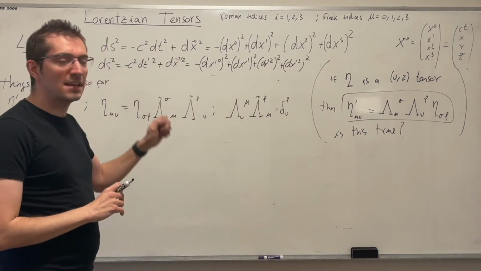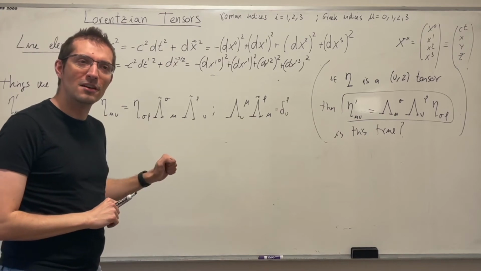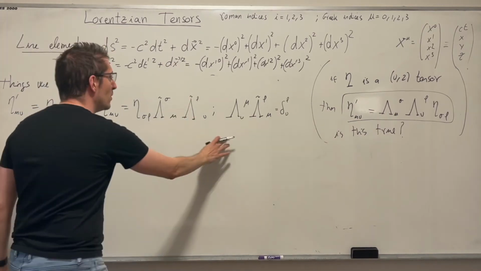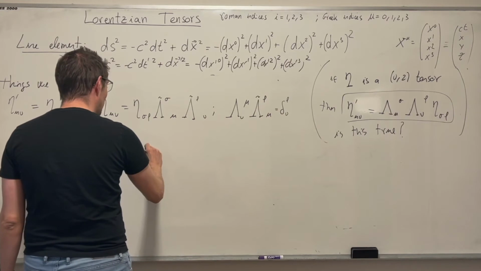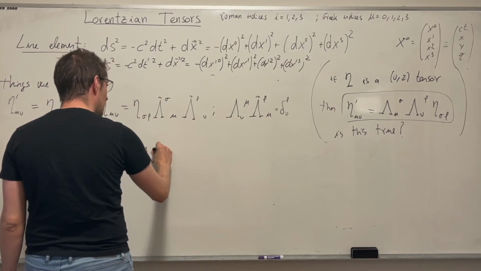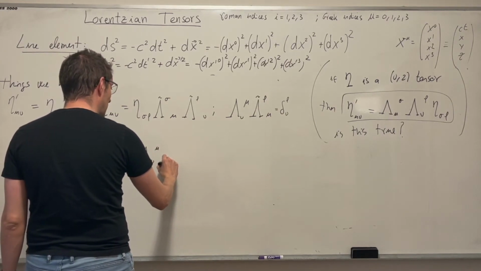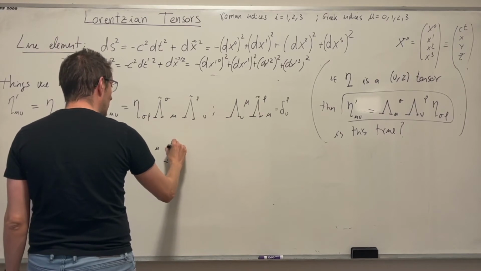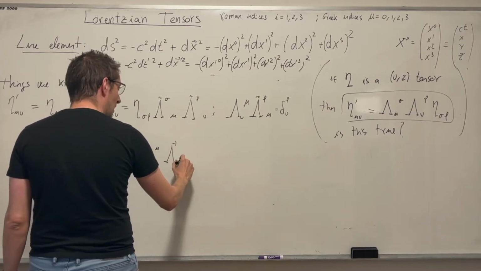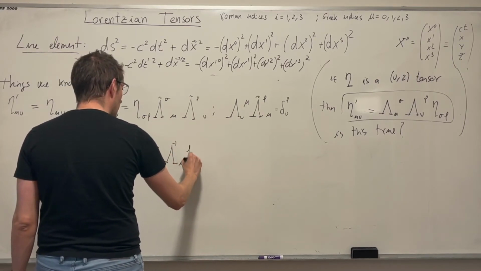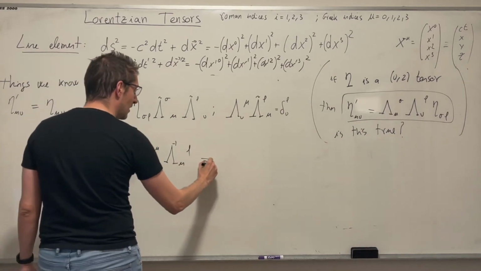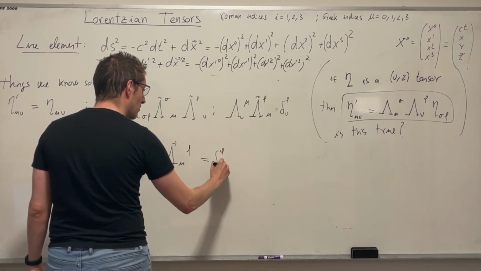If you don't see it, try to derive it, pause the video, and then continue. We know that lambda nu mu and then lambda inverse mu rho is the identity rho nu.